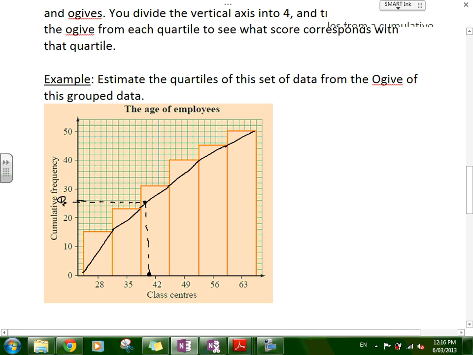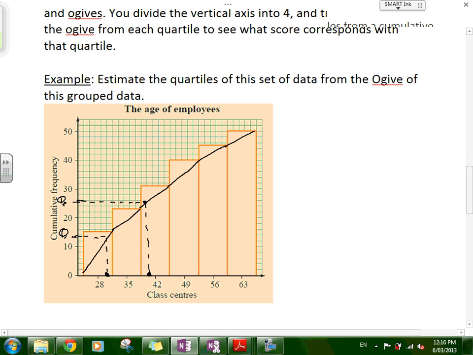Now, if I look at the lower half, what's half of 25? 12.5. So 12.5 is going to be approximately here, and so I go across, hit the OG, and then I go down. This is my reference point for the first quartile, Q1.